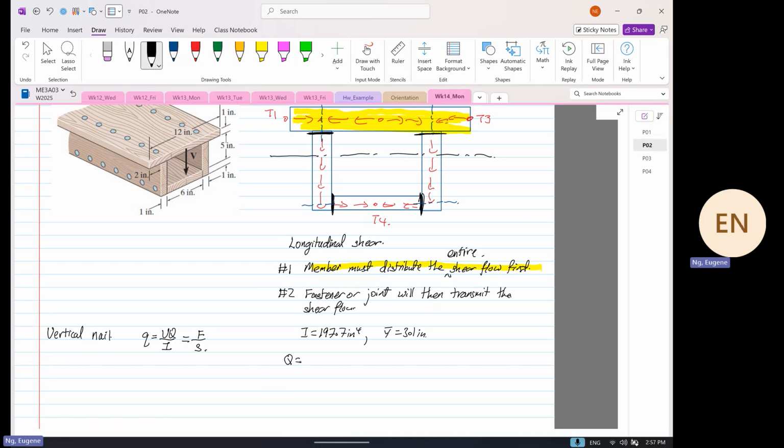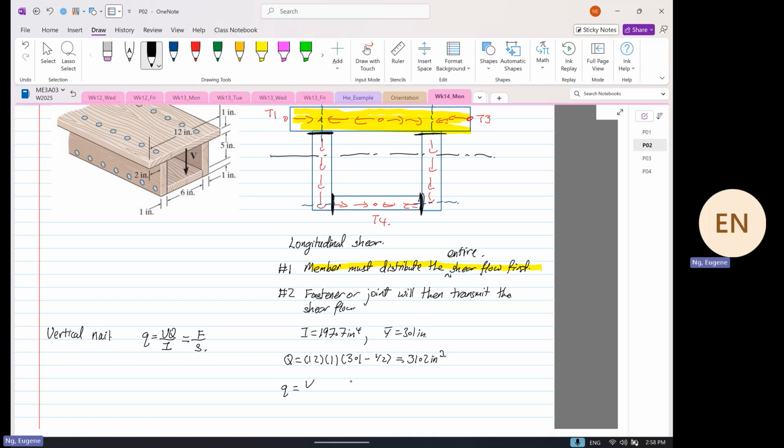So the Q is 12 multiplied by 1 multiplied by 3.1 minus 1 divided by 2. So the outcome is 3.1 minus 1 over 2 times 1 times 0.2 inches cube.